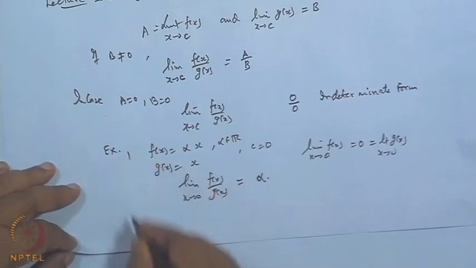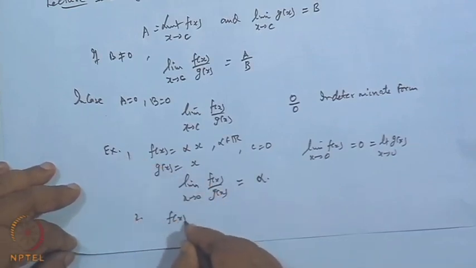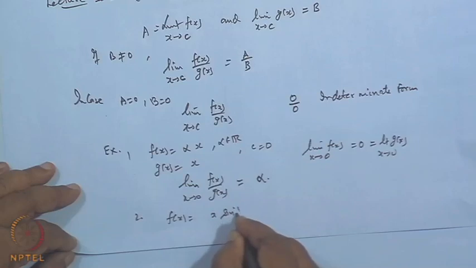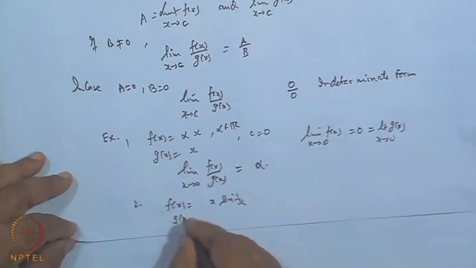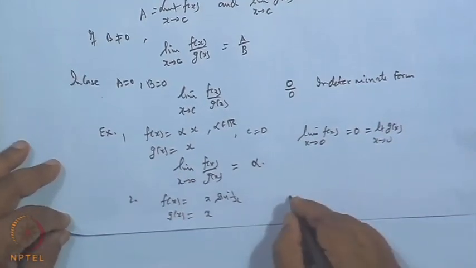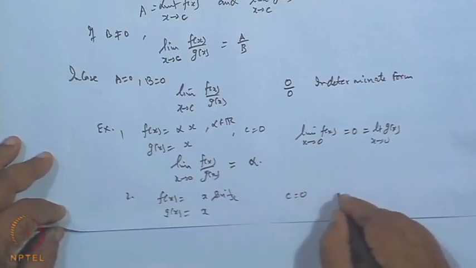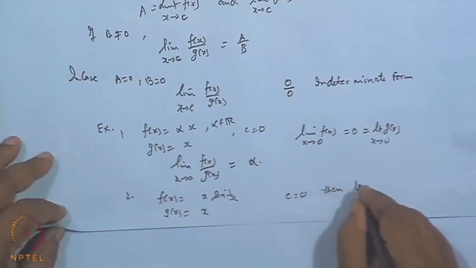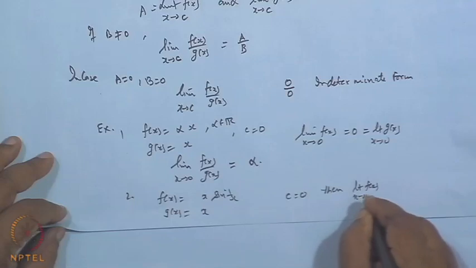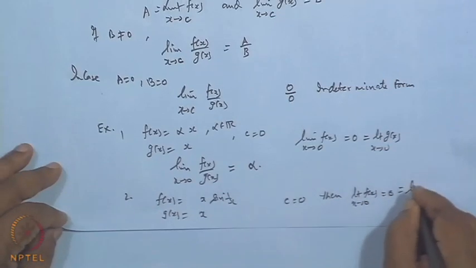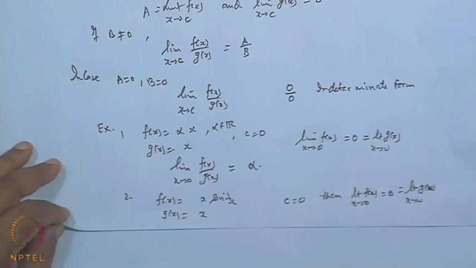Suppose I take another one, f(x) equal to x sin(1 by x), and g(x) equal to x. If I take c equal to 0, then the limit of f(x) as x tends to 0 is 0, and the limit of g(x) as x tends to 0 is also 0.